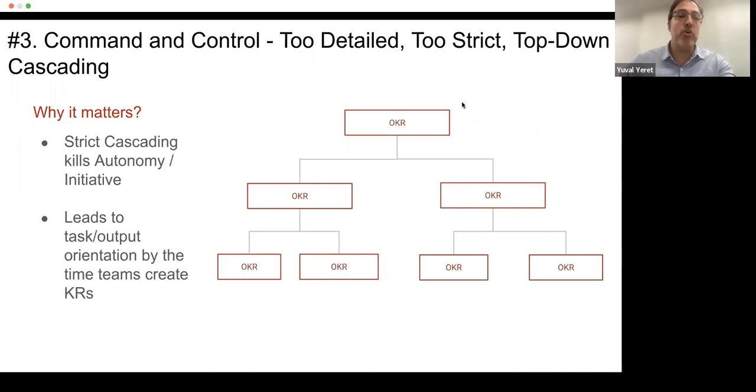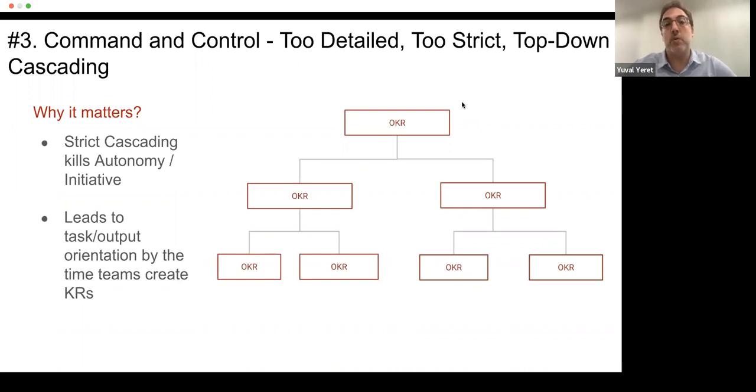The third major issue we see is once we start to use OKRs across the organization. OKRs in many cases start as a conversation at the leadership team, trying to align across its members, as they see that it's helping them align, work cross-functionally, and deal with the silos and the turf wars.